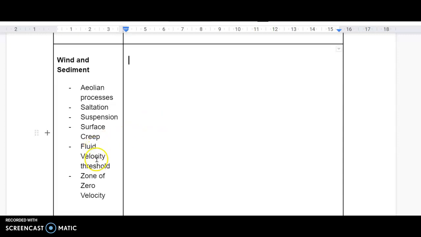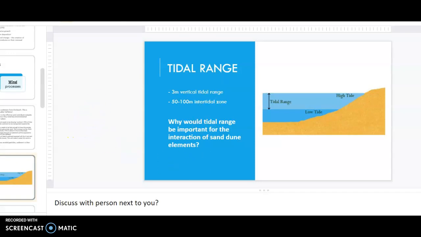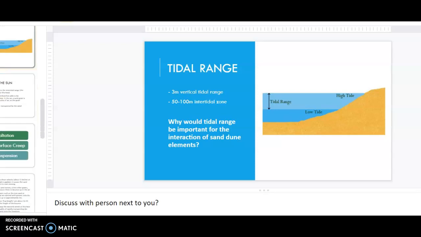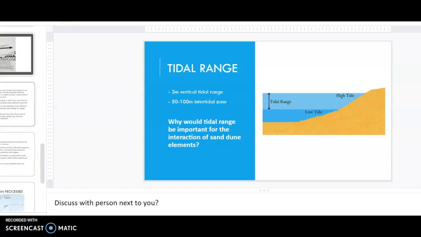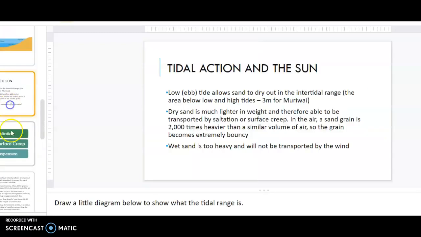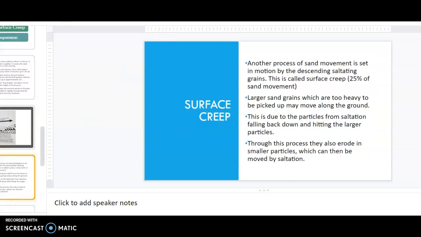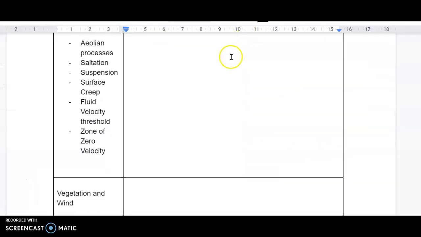What is the fluid velocity threshold? What is the zone of zero velocity? Come back to our notes on Wednesday, Thursday, and Friday. And here we go, we've got this information. So it's just about summarising that, putting it into your own words, showing me that you do understand.